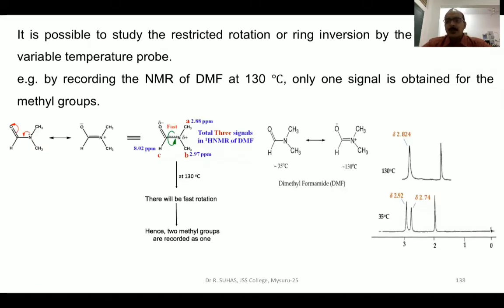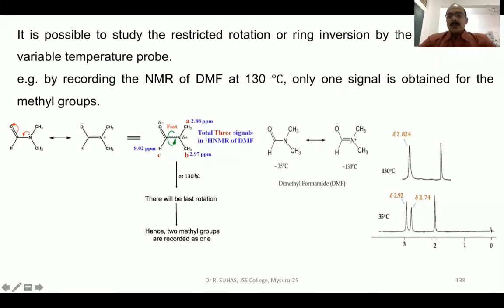When you provide more energy, there will be more activation in the molecule. The more the activation, the more the rotation. There will be more rotation about this C-N bond. Because of the fast rotation, these two methyl groups will appear as one. Both will resonate at a single frequency. So instead of getting two peaks, you are going to get only one peak at 130 degrees centigrade.